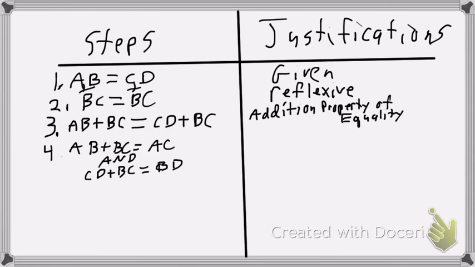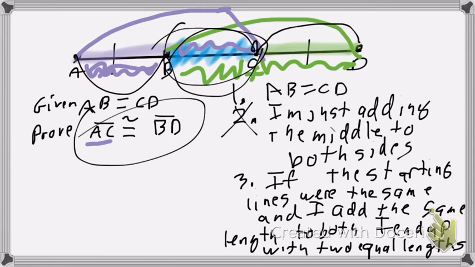So I know that, right? And I can look back and that makes sense. Because I go, if I take this length plus this length, then I'm going to get this length right there. Same is true of the other way. If I go CD plus BC, then that is going to be the same length as B to D.